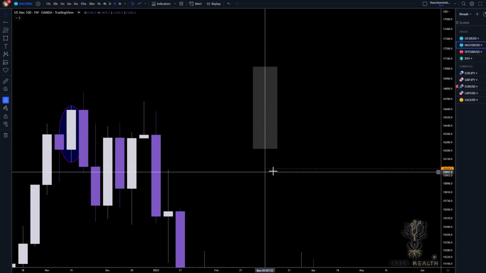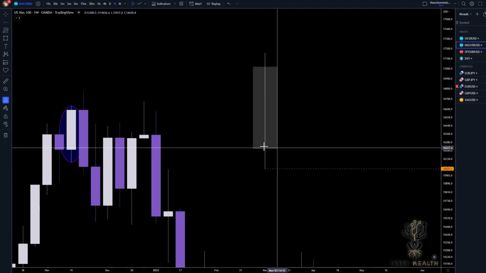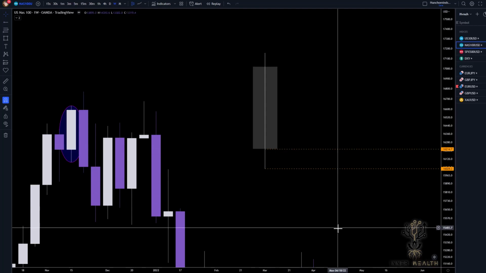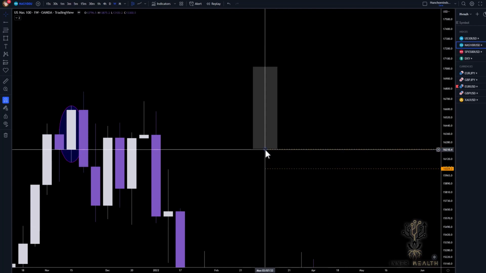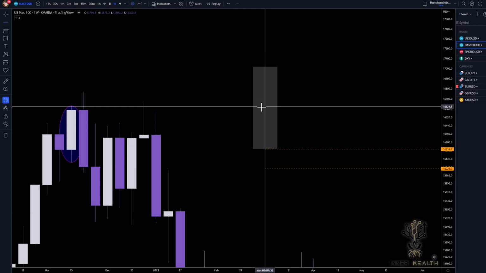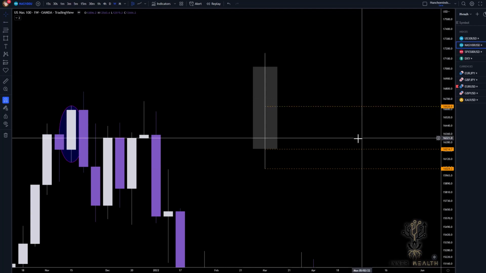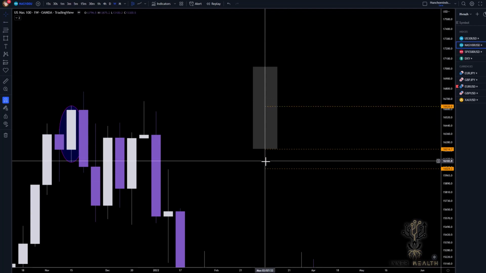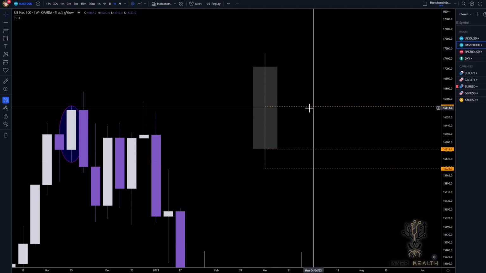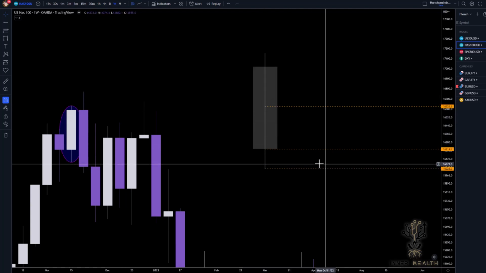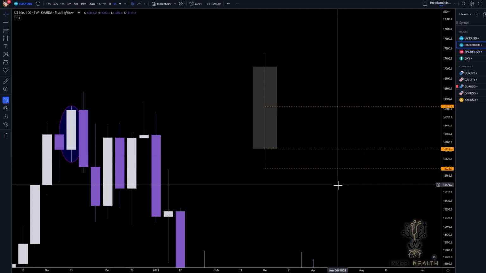That low will act as a level of resistance. The opening of that bearish order block will behave as a level of resistance for price, and equilibrium will also act and behave as a level of resistance for price when it comes to an order block.